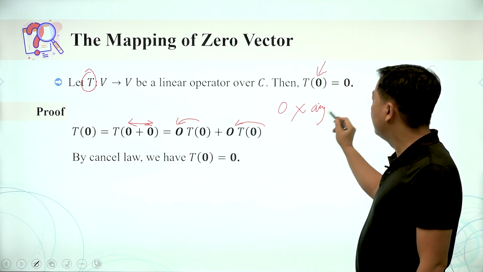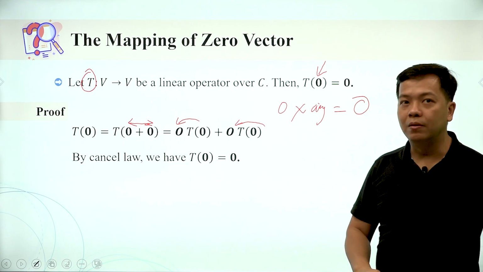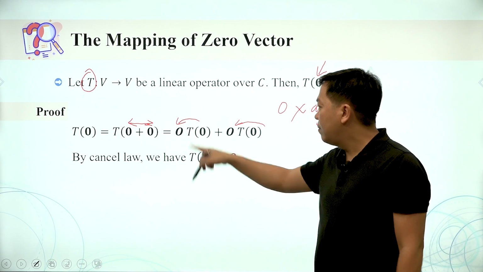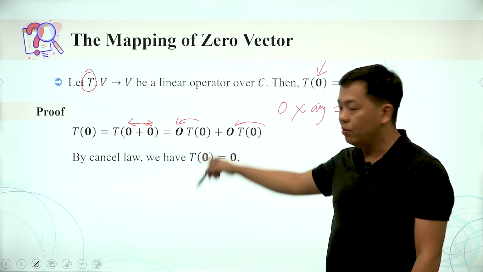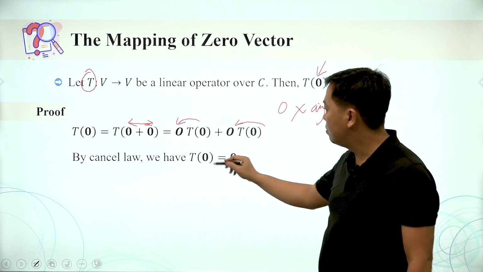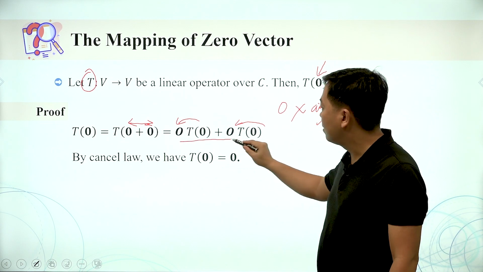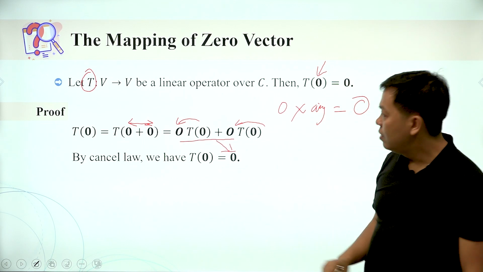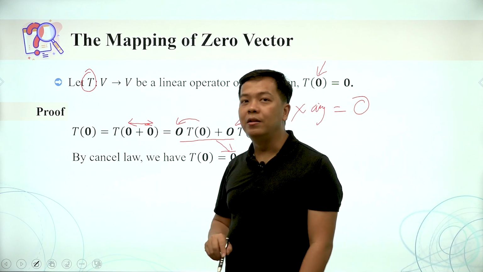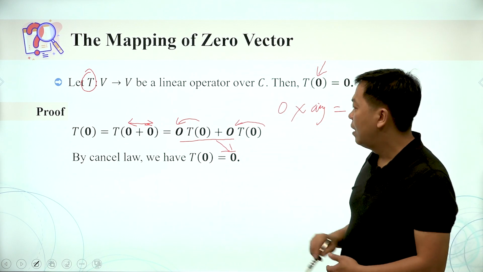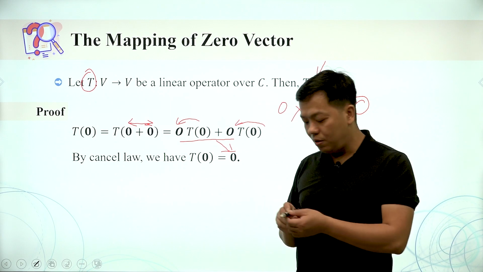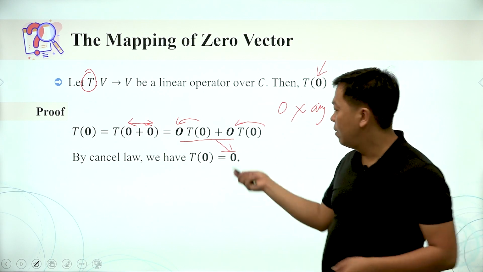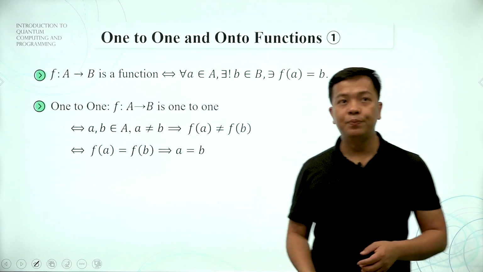So 0 multiplied with the linear combination is 0, so this part is equal to 0. That's very important. It's called the cancel law. The cancel law in the linear operator is equal to the 0 value.